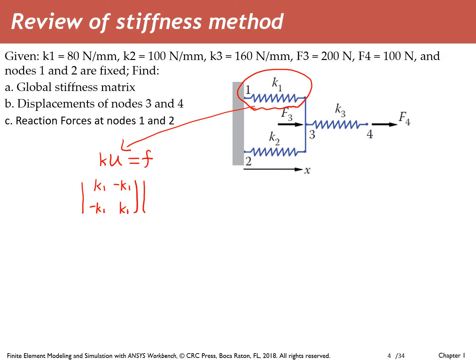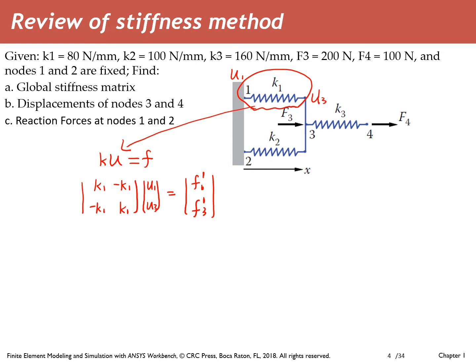The nodes here are node 1 and node 3, so the displacement vector is U1, U3. Then for the force, we have the force acting on node 1 and the force acting on node 3. The subscript represents the node, and we also put an upper subscript to denote that this is for the first element, spring 1.